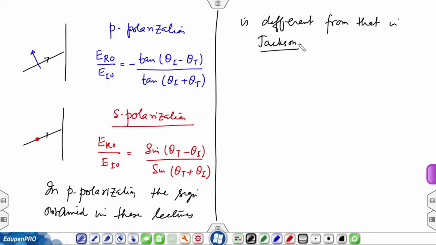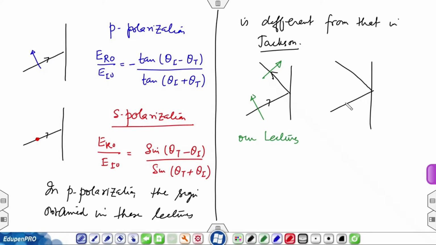This should not bother you, because what we did in these lectures is, when I took this wave reflected, the E field that I took for the reflected wave was like shown in the figure. This is in our notes. What Jackson does is that the E field gets rotated with the reflected wave. So, the sign I obtained is different from his by a minus sign, right? Rest of the expressions are the same.